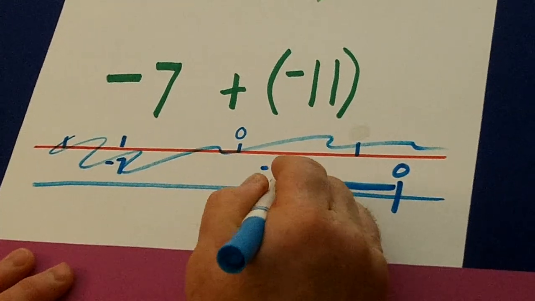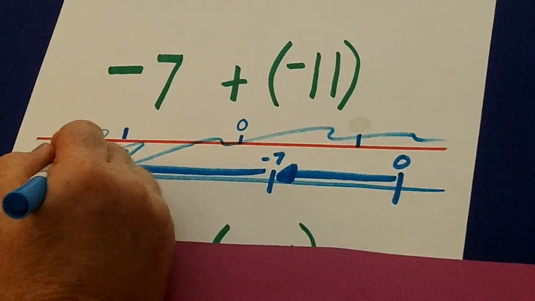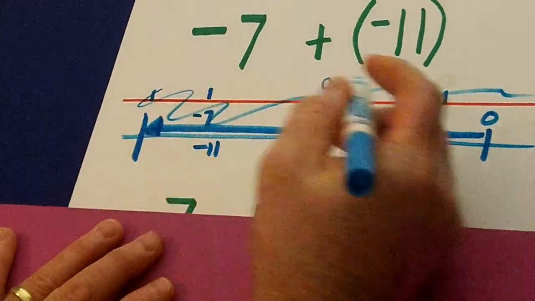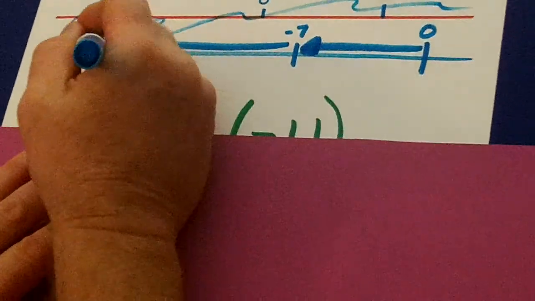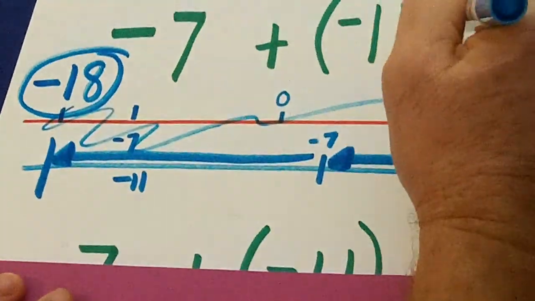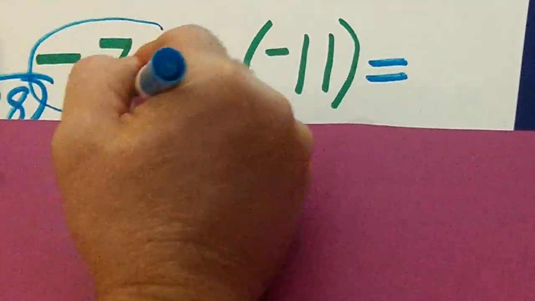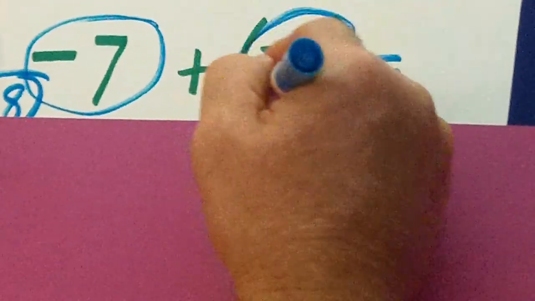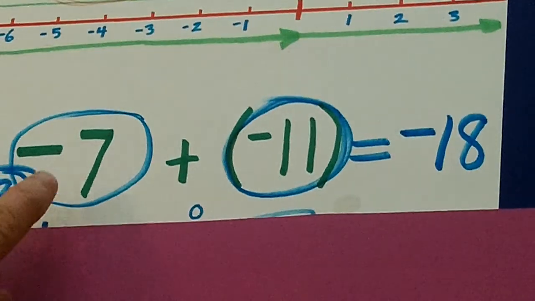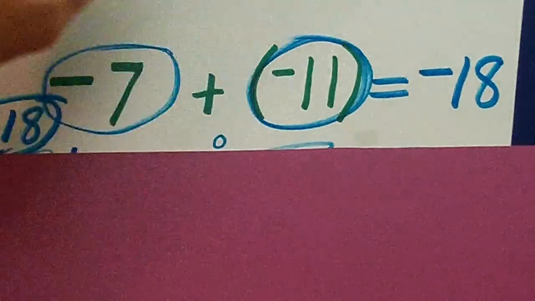We're going to go back 7, then we've got to go back 11 more. And so when we go back 7 and back 11, we go back 18. So watch this. When you combine two negative numbers, you're going to get a big negative, because you go back 7, back 11, you go back 18. All right?